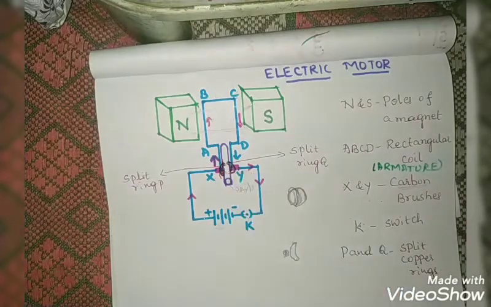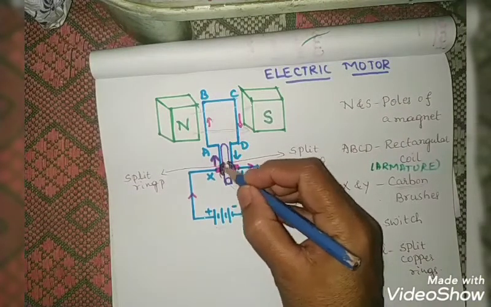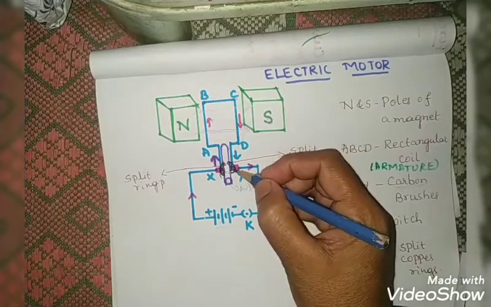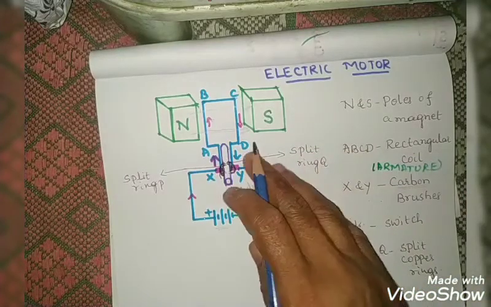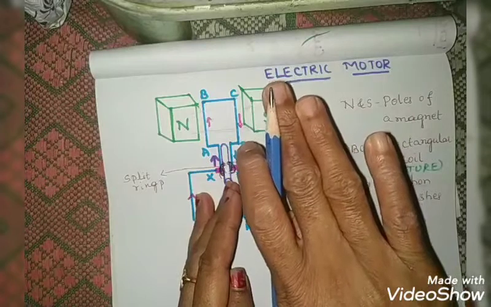These split rings are connected to this axle and these split rings are connected to the ends of the wire, isn't it? Copper coil. So what happened? These are stationary brushes. When this turns here, CD upwards, what happened?